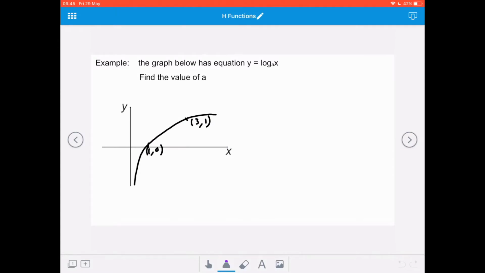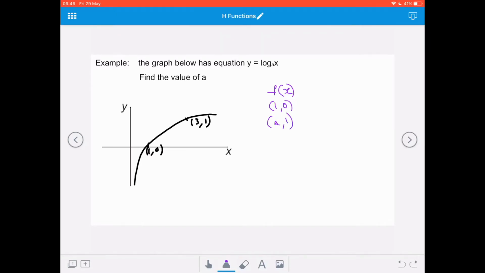So the first example: the graph below has equation y equals log to the base a of x, and we want to find the value of a. First of all, we need to consider our key points on our logarithmic curve, and those would be 1, 0 and a, 1, where a is our base.